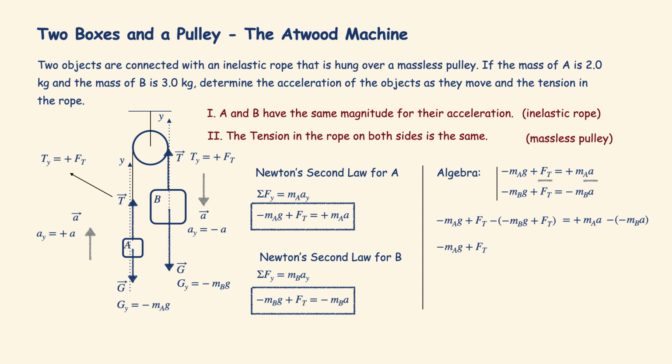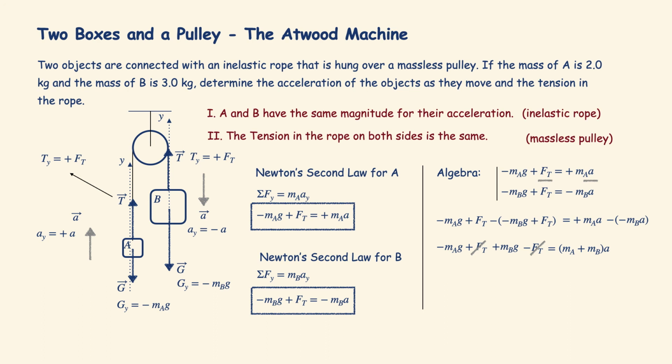So I'm going to have minus m_a g plus F_T. Minus minus will flip to plus m_b g. And here I'll have minus F_T. And that has to be equal to simply the sum of the two masses. I factored out a here.